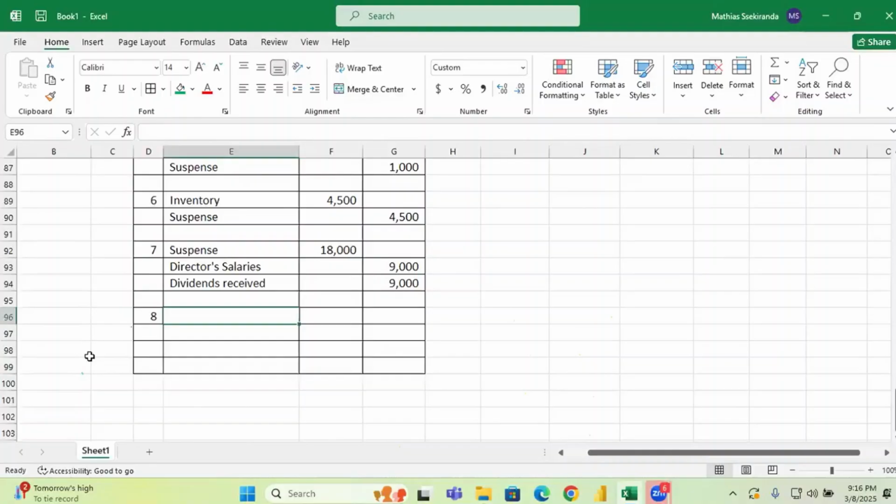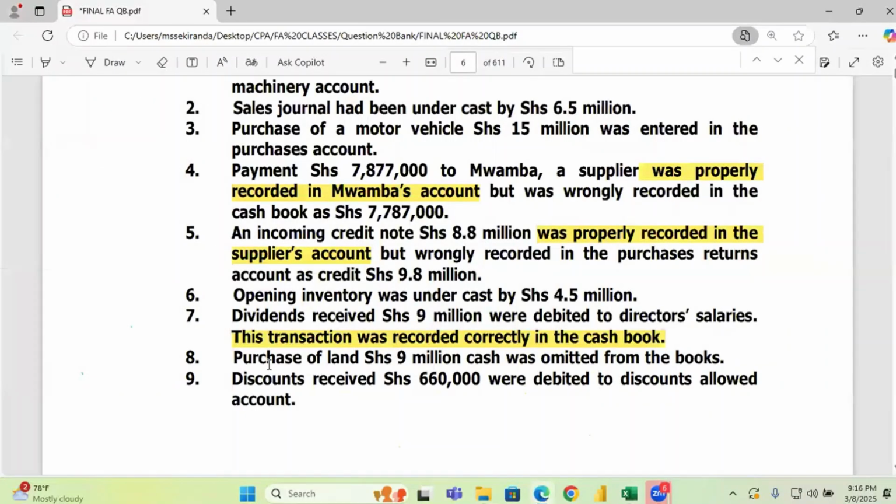Okay. Now, note number 8. They are telling us that purchase of land, 9 million, cash, was omitted from the books. So errors of omission, we said you enter it the way you were supposed to enter it in the first place. They purchased land, they didn't record it in the books by cash.